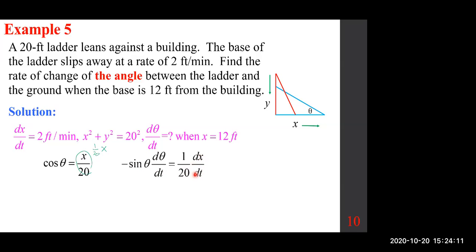When we look at this, we see we have everything except sine theta, because we have dx/dt, right? So what is sine theta? I have mentioned sine theta is y over the hypotenuse. We have already calculated y to be 16 from the previous page. So we plug in.